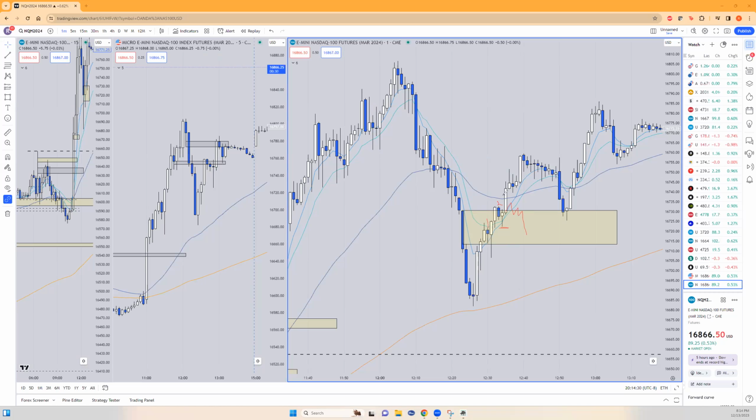But as soon as I saw this candle close, I said, nope, we're going to break high. So the reason that I said that is because of exactly this.